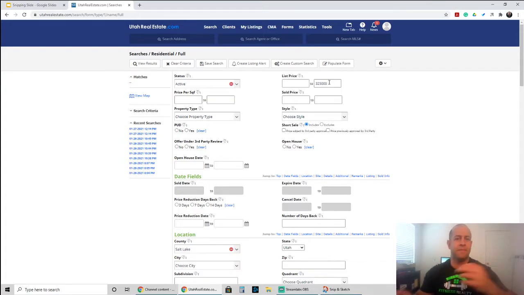So you may run into that where you've set your criteria too far down and the scope is too small. Just get rid of a couple of things, and then open it back up for your clients and give them the information, and hopefully that'll educate them that maybe they're in the wrong price range, or they need more purchasing power, or they need to change their plans. Okay, so that's one way that I like to find listings with mother-in-laws.